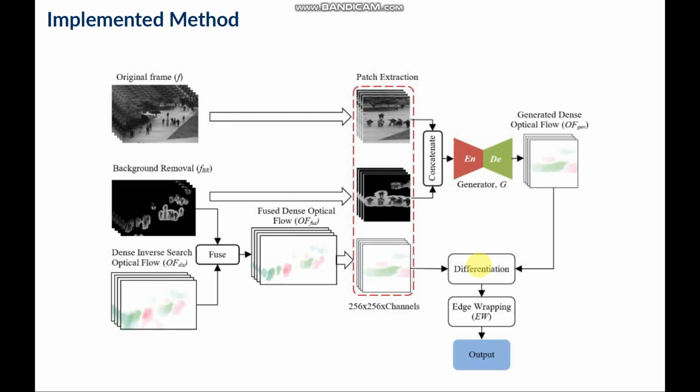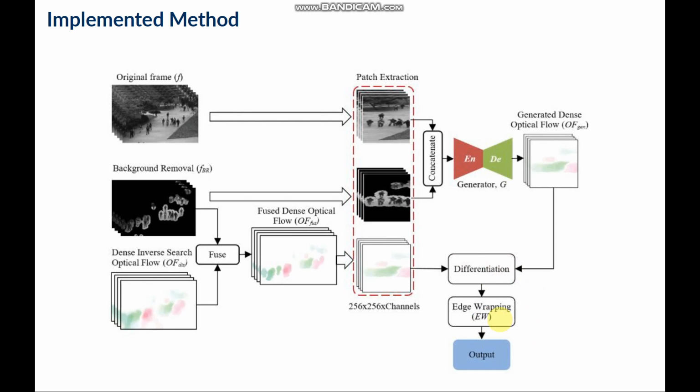So at the differentiation module, we subtract the fused optical flow from the generated optical flow. The output of the differentiation module will have high values, and those high value regions indicate the abnormal objects.